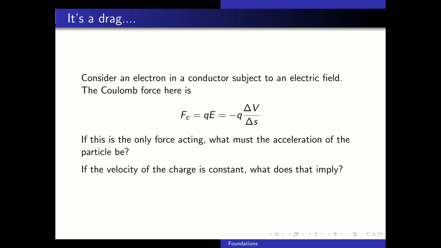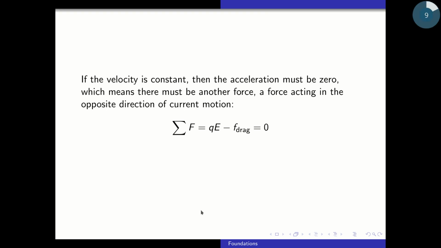There has to be some kind of resistive force or drag force present that is allowing the velocity to be constant. So I can write that out like this. The net force is equal to the Coulomb force in one direction minus the drag force in the opposite direction, and those two things have to sum together to be zero.